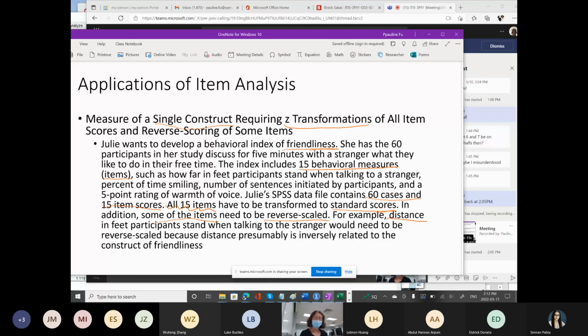So the distance between the interviewer and respondent, because the distance is inversely related to friendliness. Okay? The closer the distance, the more friendly. Okay? The further apart two persons stand, the less friendly. That's why we need to reverse the distance item. Any questions?